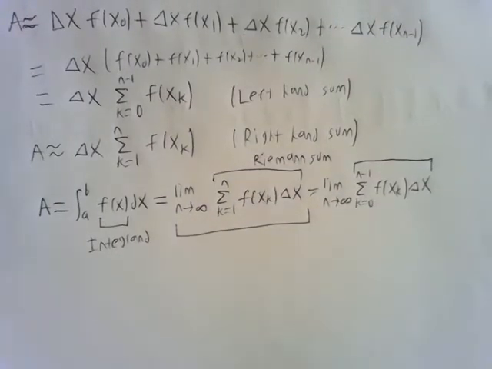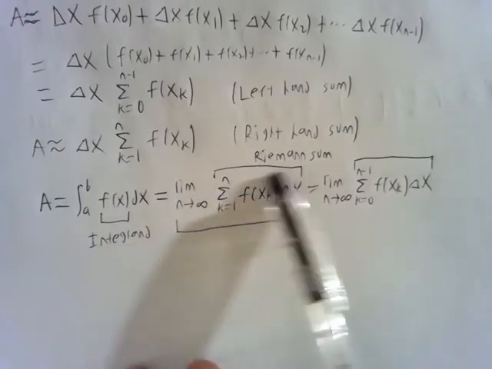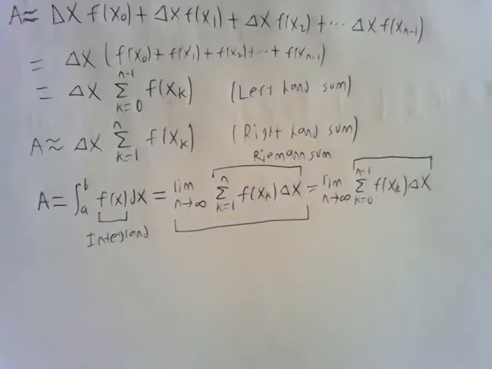For example, if I pick a relatively simple function like f of x equals x squared, we could write down a formula for the sum of x squared, and then we could take a limit as n goes to infinity of that formula. But it is really fairly unpleasant, I would say, to do that.